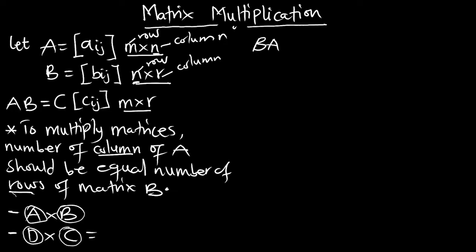Let's see. For B multiplying A, B has N rows, R columns, and A has M rows, N columns. The rule says the number of columns of the first matrix, which is R, should be equal to the number of rows of the second matrix.